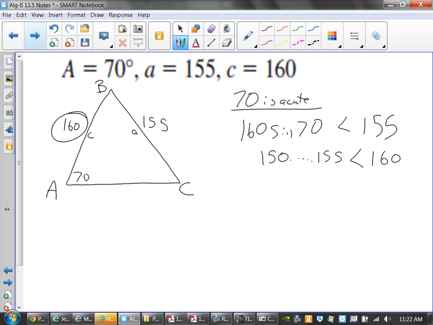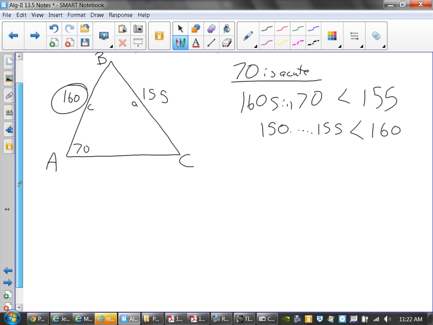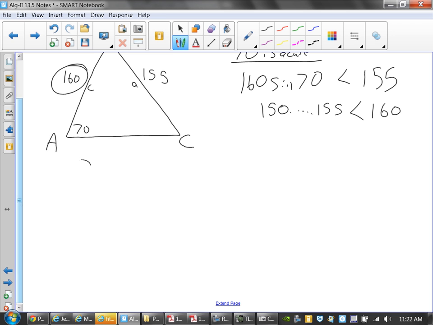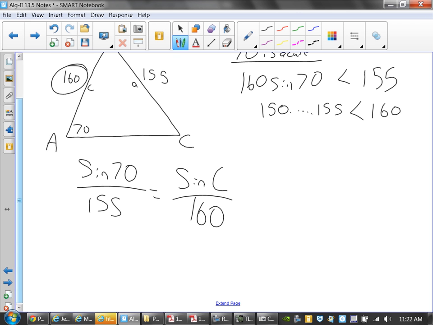Let's set this up to start out by defining angle C. And we might find out how this goes.